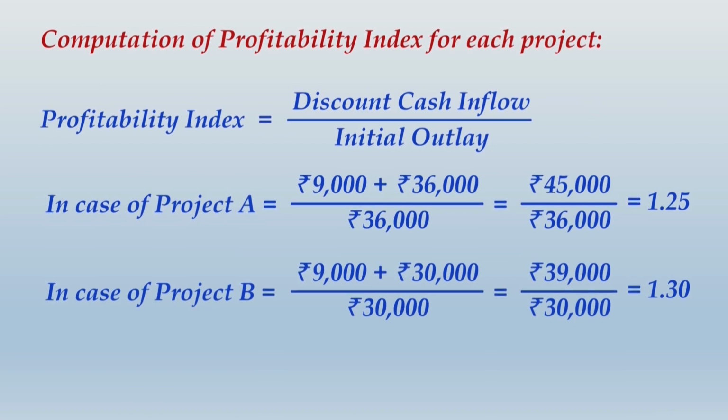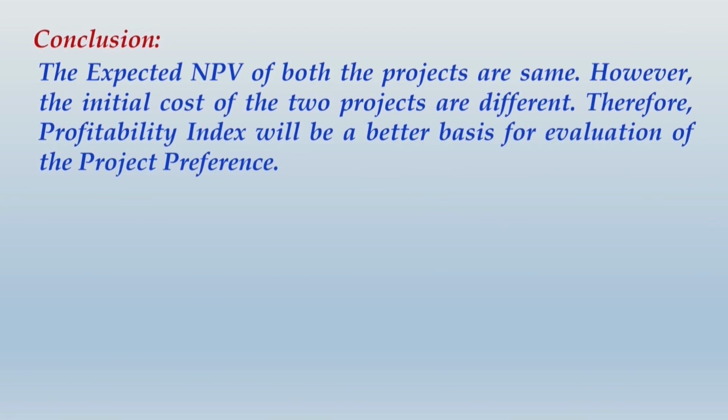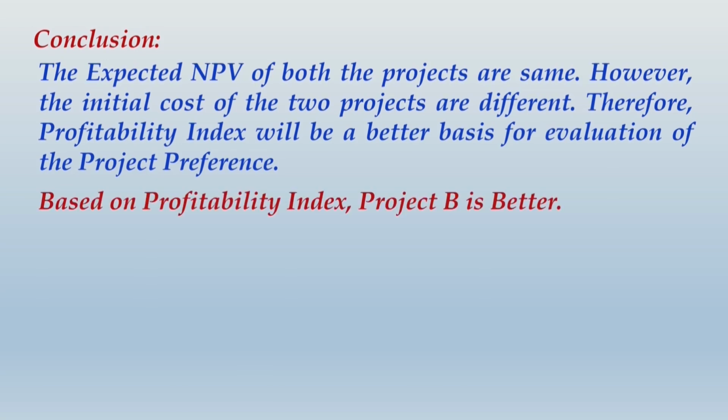Alright friends, once you have completed writing these calculations, let us move ahead and write up the conclusion over here. The expected NPV of both the projects is the same. However, the initial cost of the two projects is different. Therefore, profitability index will be a better basis for evaluation of the project preference. Based on profitability index, project B is better.